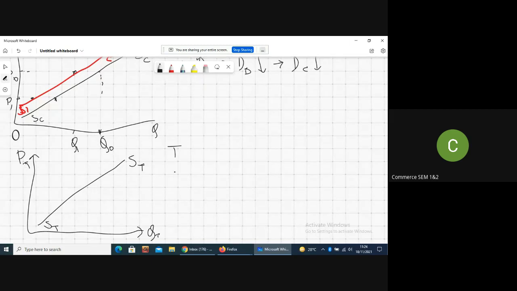If we do not consider the price of coffee or change in price of coffee, then this will be our supply curve of tea. Now take any initial price of tea, P0. At this price, this much will be supplied and produced. So the amount of supply will be somewhere here. Call it Q0.